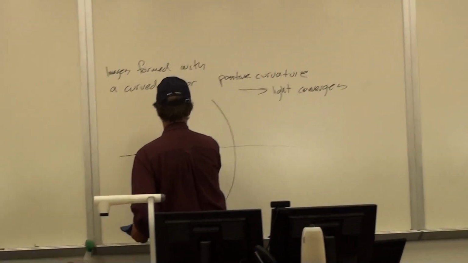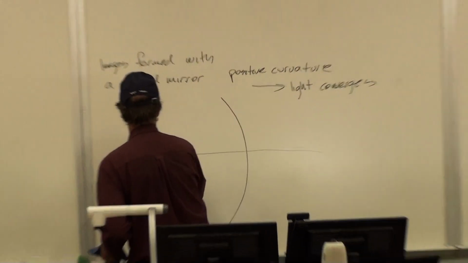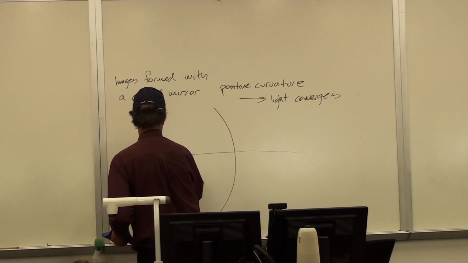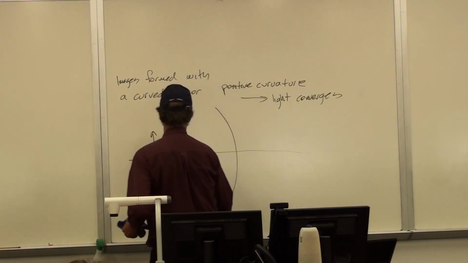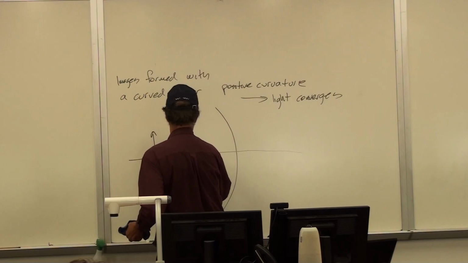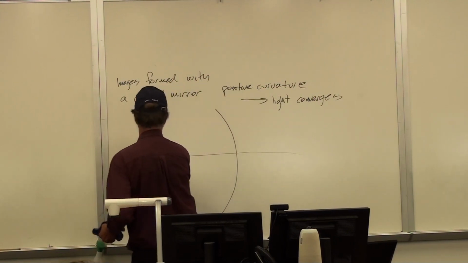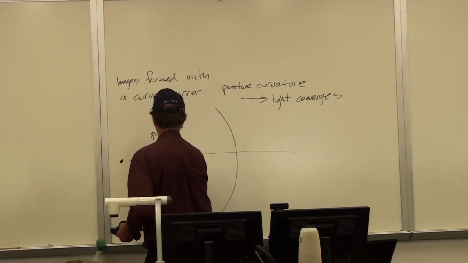So if we have a source of light here, I'll call that O for the object. And then we have a place where that light comes together. We'll put that object inside of the focal length.